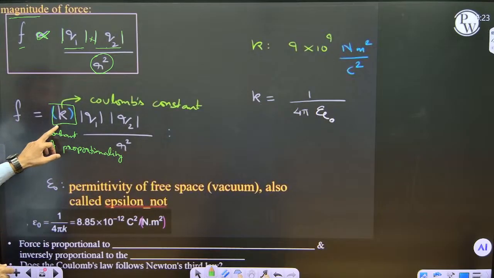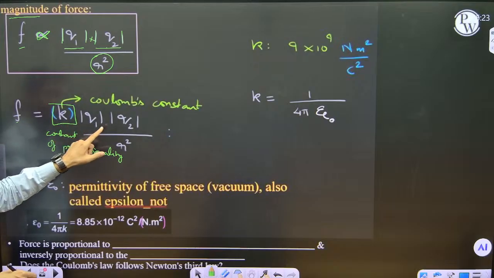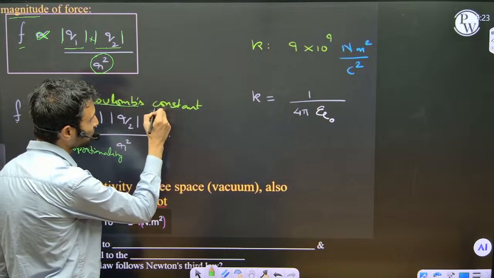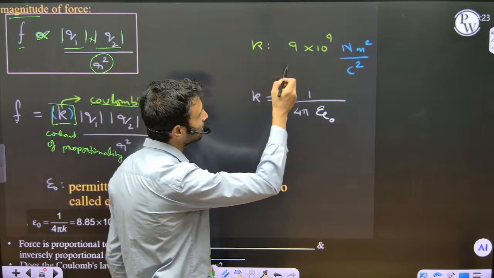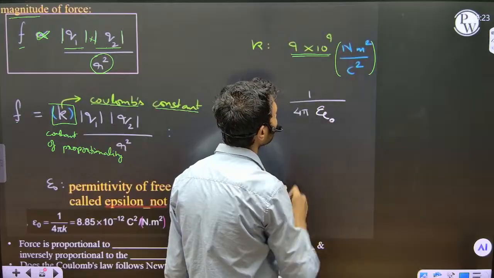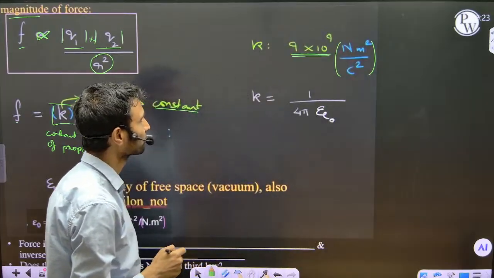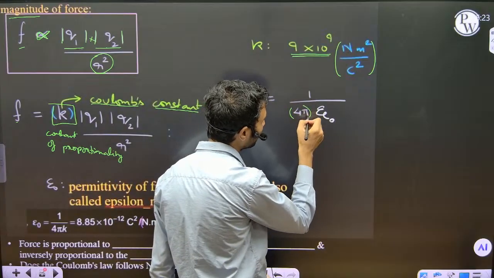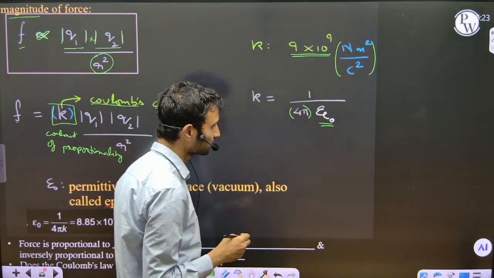So the constant of proportionality is K, and F comes out to be K q1 q2 divided by r square. K is a constant called Coulomb's constant. Its value is 9 into 10 to the power 9 Newton meter square by Coulomb square, and K is also equal to 1 divided by 4 pi epsilon naught.